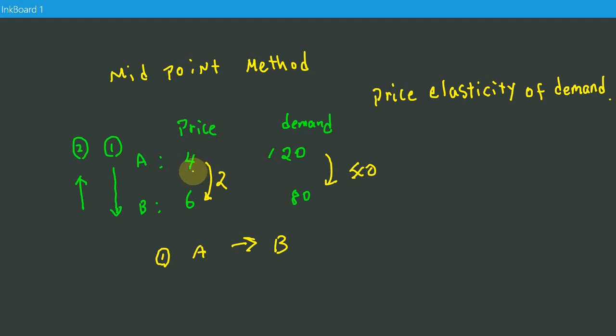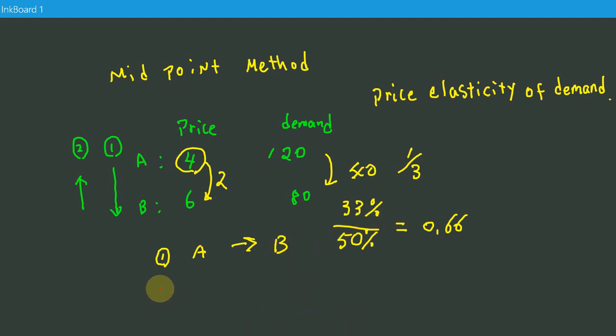In comparison to the original 4, the price increase is 50%. And the quantity is 33%, because 40 out of 120 is a third, that's about 33%. Then the price elasticity of demand once we move from A to B is 0.66, right?